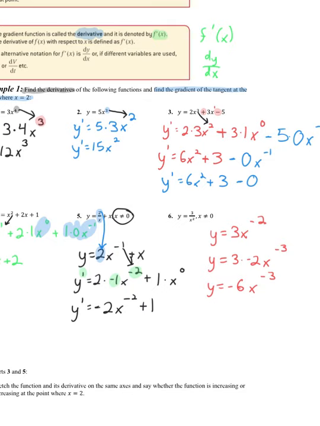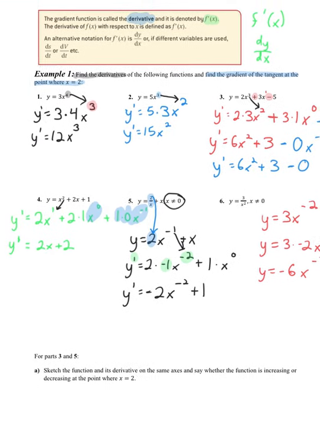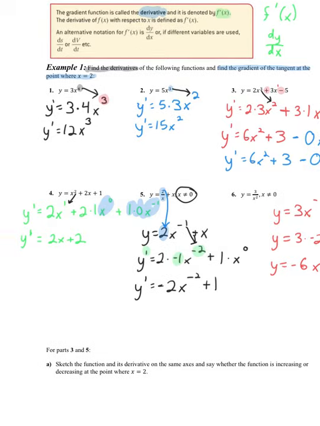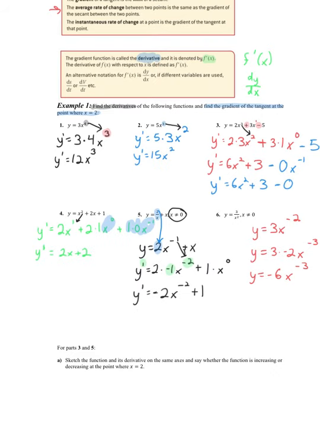Okay. So now that's the first thing it asks us to do. Second thing it asks us to do is now go ahead and find the gradient of the tangent at the point where x equals 2. So basically it's saying find the slope of the tangent line.